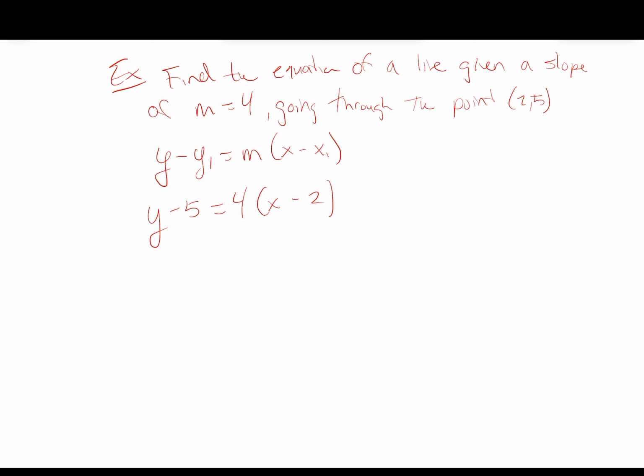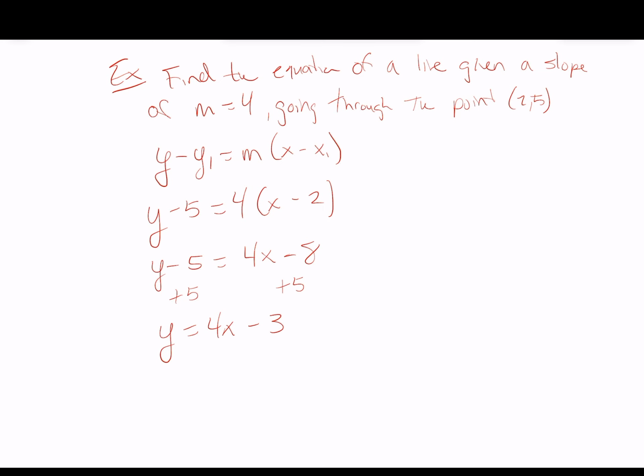Now, if we distribute on the right-hand side, we'll keep the left-hand side the same. 4 times x is 4x. 4 times negative 2 is negative 8. If we add 5 to both sides, we get that y is equal to 4x minus 3.